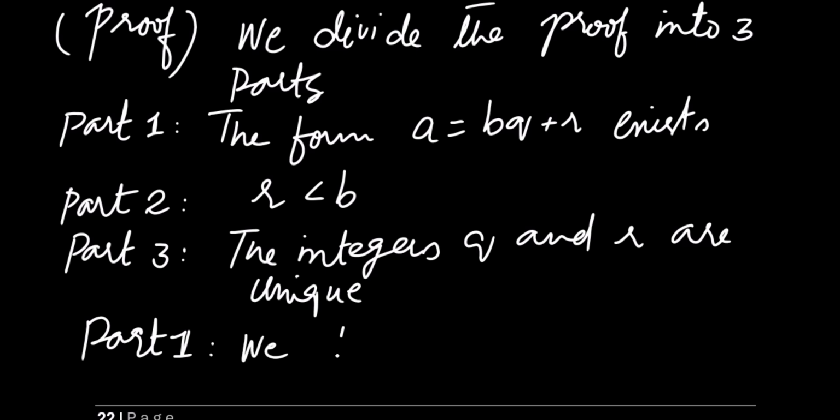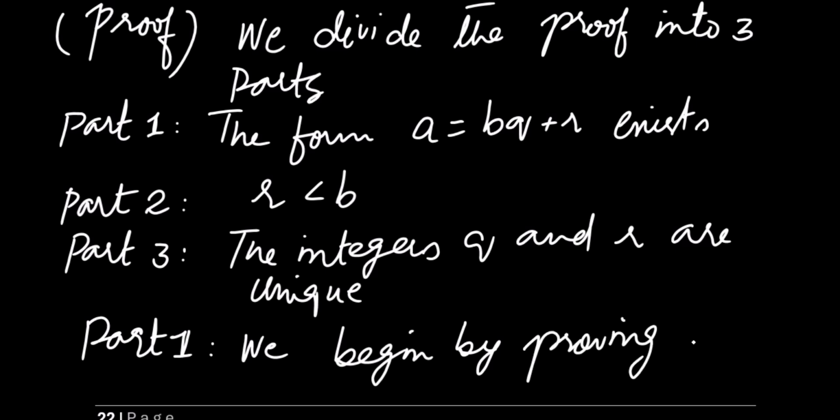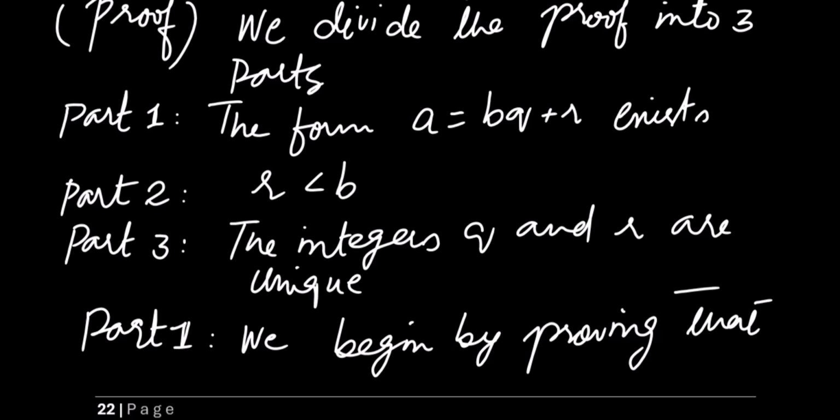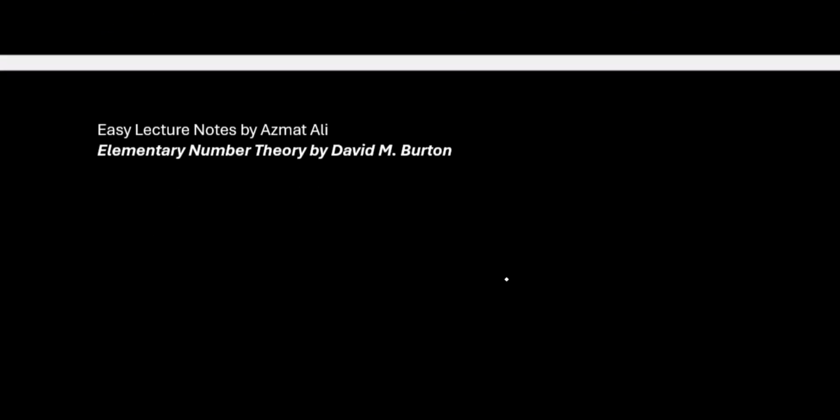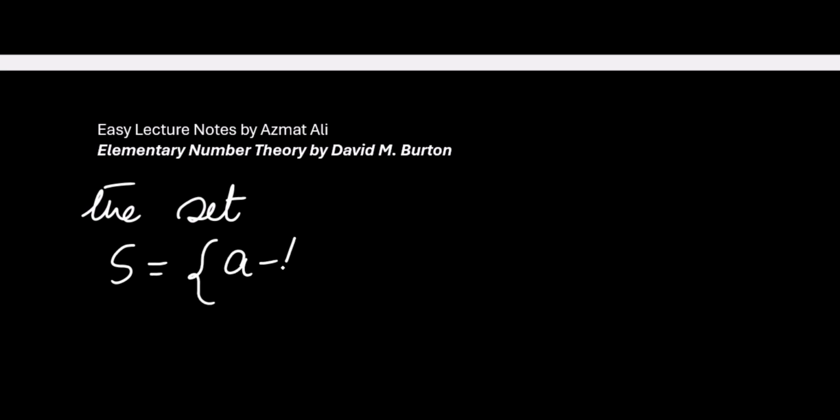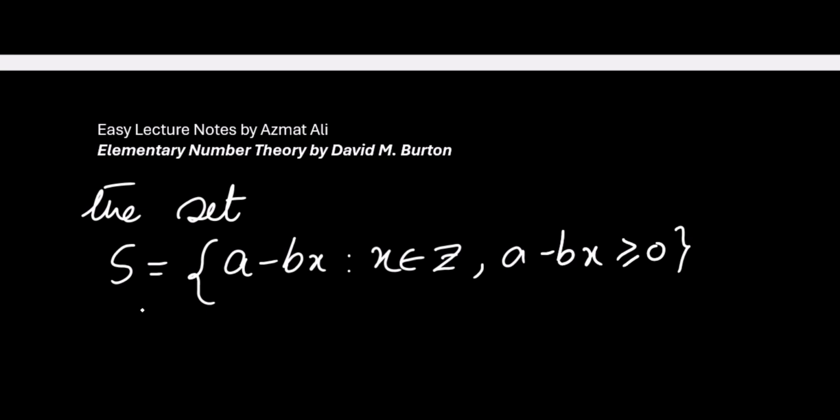So we begin by proving that the set I am defining, S, consists of elements of the form a minus bx, such that x belongs to Z and a minus bx is greater than or equal to 0. I have not defined this set arbitrarily.